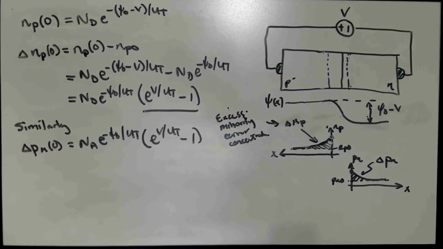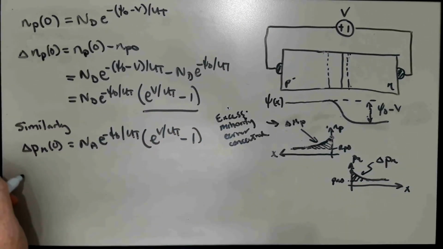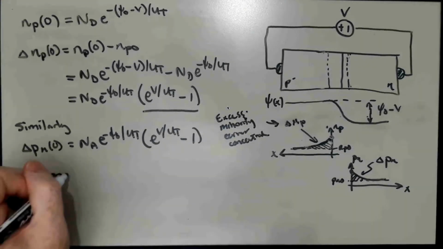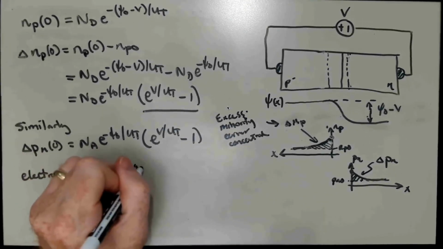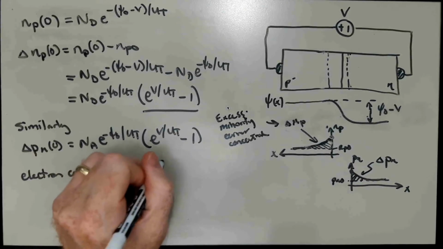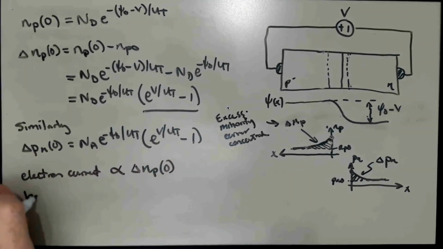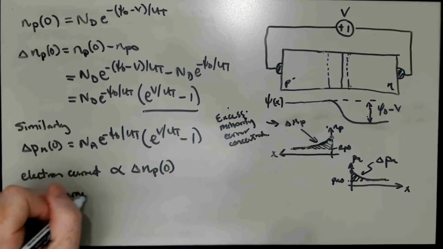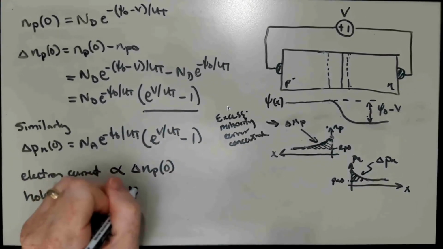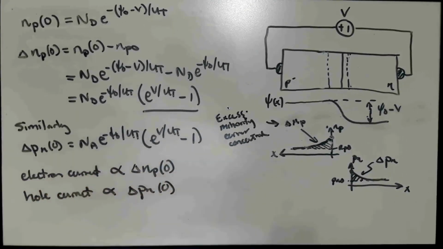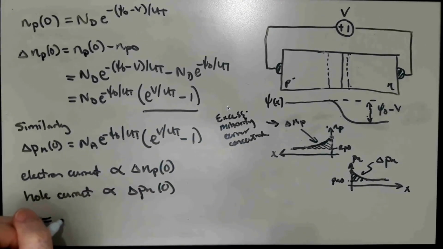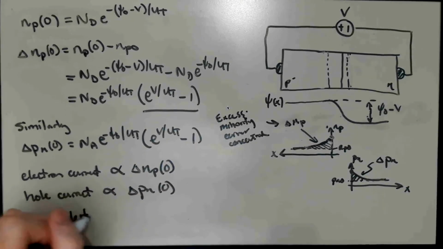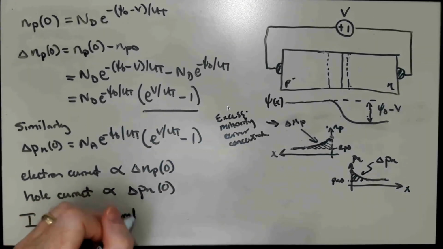And so it turns out that the electron current is proportional to this delta np0, and the hole current is proportional to delta pn0, and the total current, I, is equal to the sum of the electron current plus the hole current.